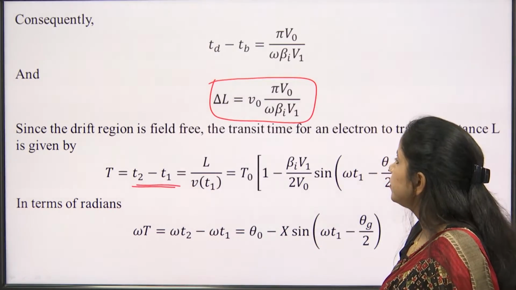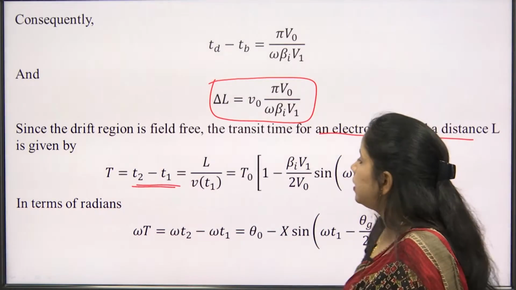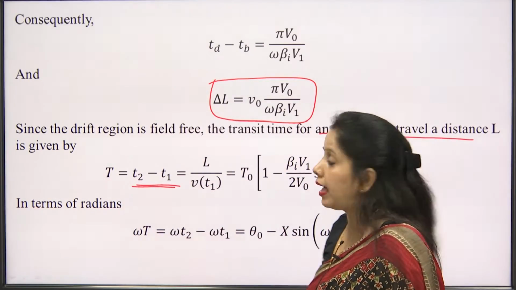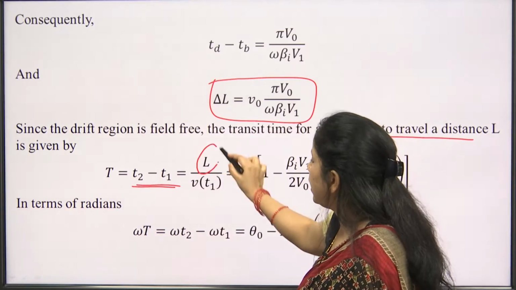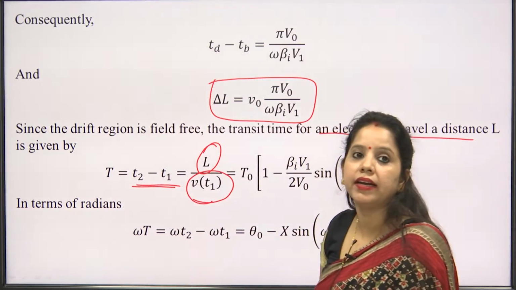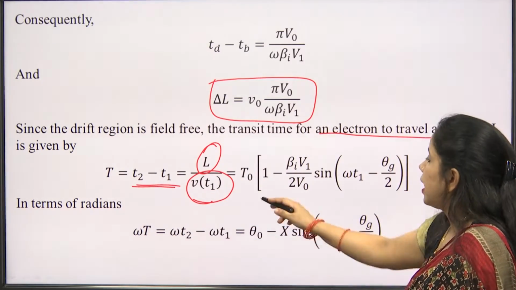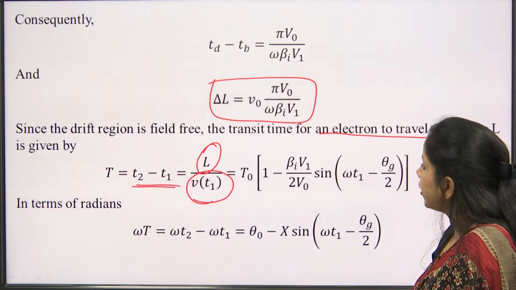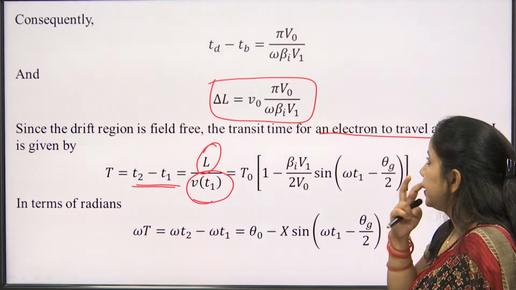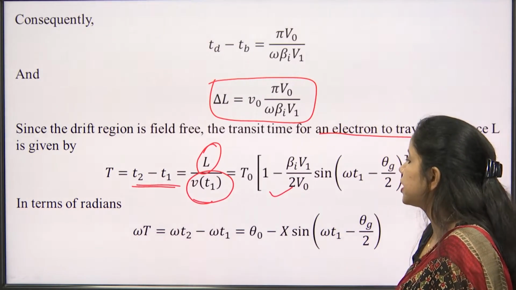At this time, the transit time of an electron to travel the distance L is T2 minus T1, and it is basically given by L upon our modulated velocity. When we substitute the final expression of that, we get this expression.